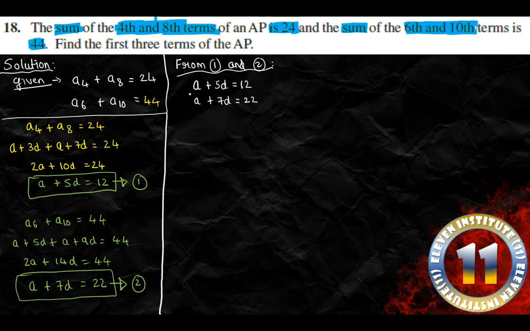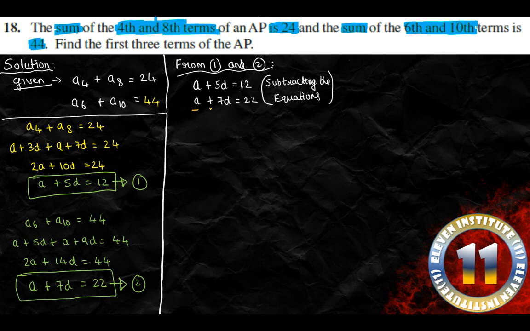We can see the coefficients of A are same, and their sign is also same. So in order to change the sign, we have to subtract the equations. We will write over here subtracting the equations, so all the signs will change.